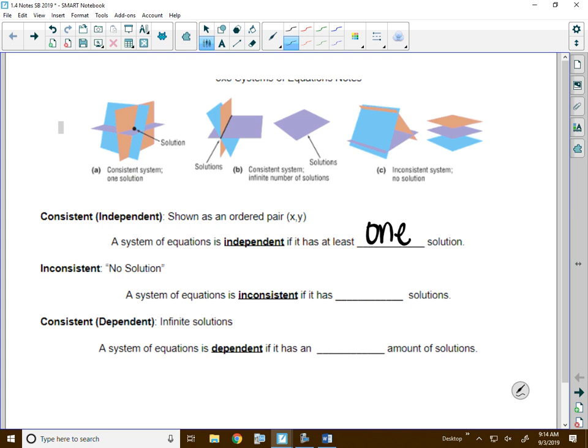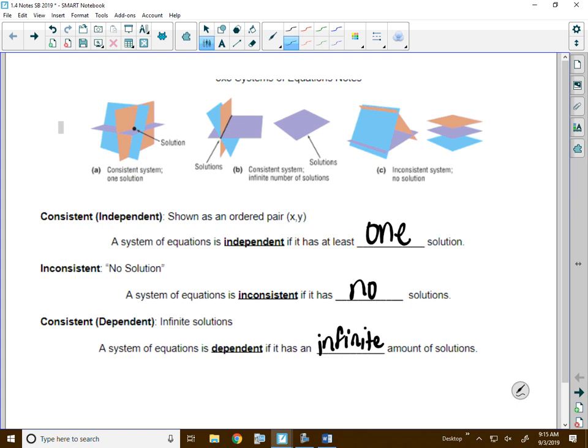The other thing that can happen is we can have an inconsistent system, meaning it doesn't work. There are no solutions. And then the third type is still consistent because it does work and there are solutions, but there are an infinite amount. That's dependent, meaning there's more than one.